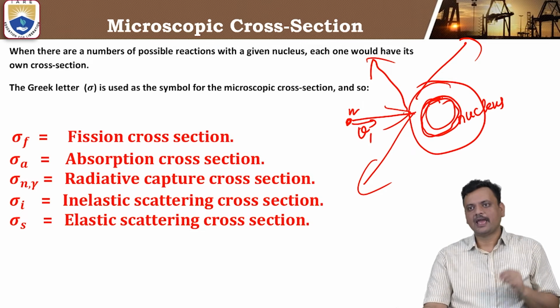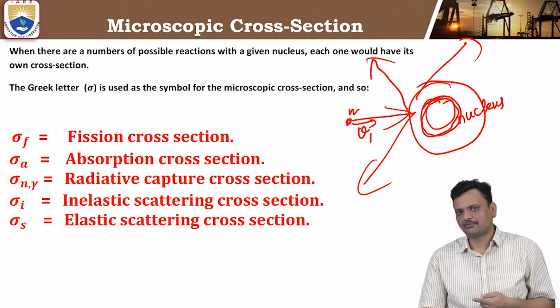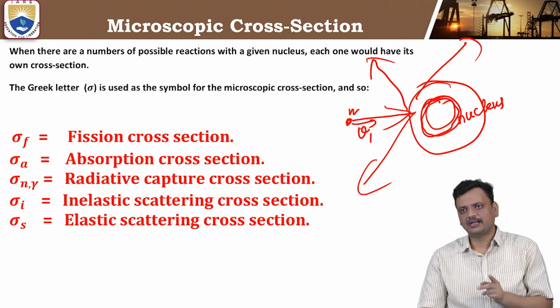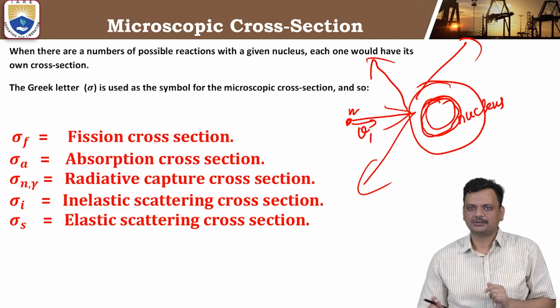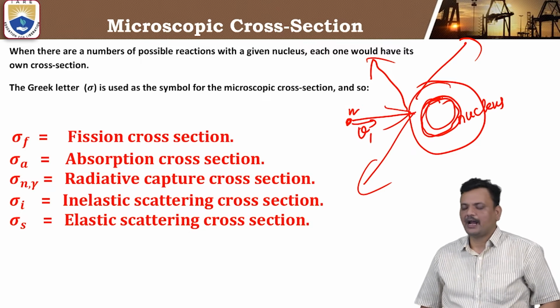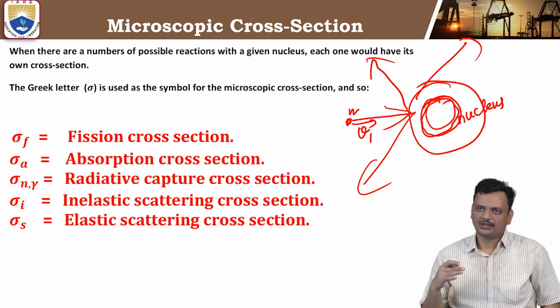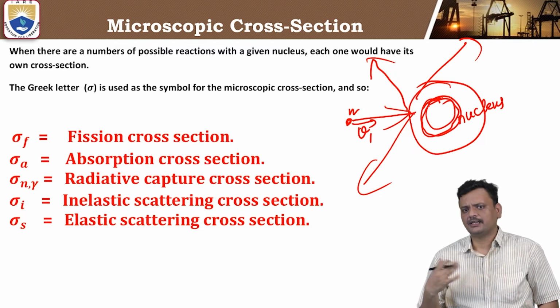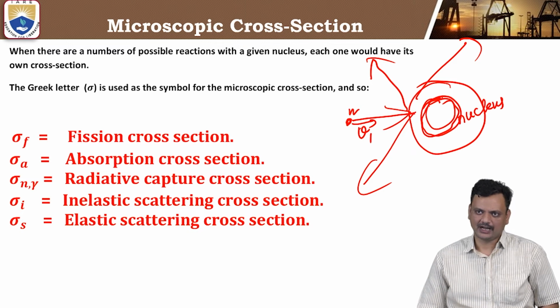Means scattered. And during this scattering process, if the incident neutron does not lose its energy, then it is an elastic scattering.